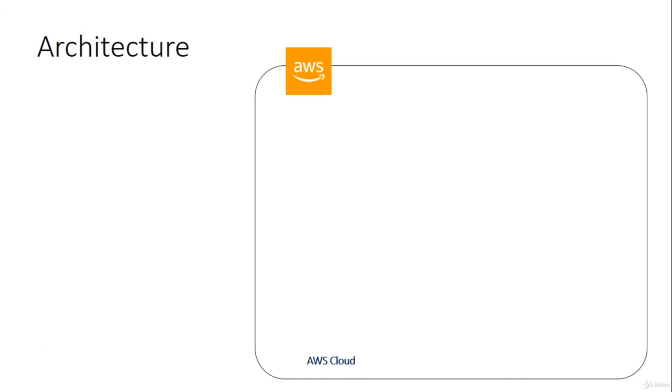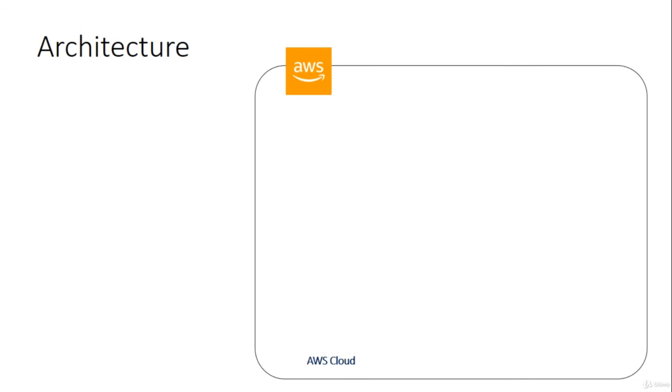So here I am back to the theory lecture, and right now we will discuss the ELB along with EC2 instances, the architecture of the ELB which we had built just a while back in the lab section. So here's the architecture. I'll show you with a diagram.